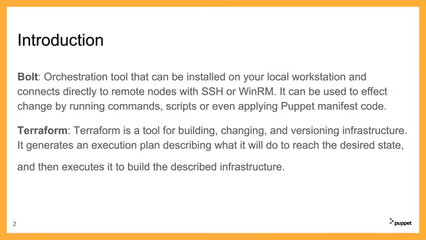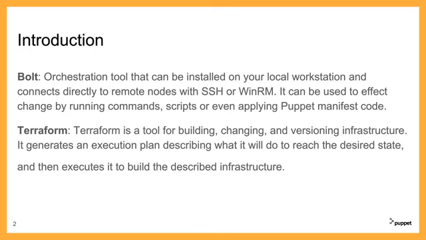So let's start with a quick intro. What is Bolt? Bolt is basically, we joke, it's SSH in a for loop. Of course, it's much more than that. But we can connect over SSH, WinRM, PCP, which is the Puppet Control Protocol, Docker we have a transport for, and we have a remote transport as well.